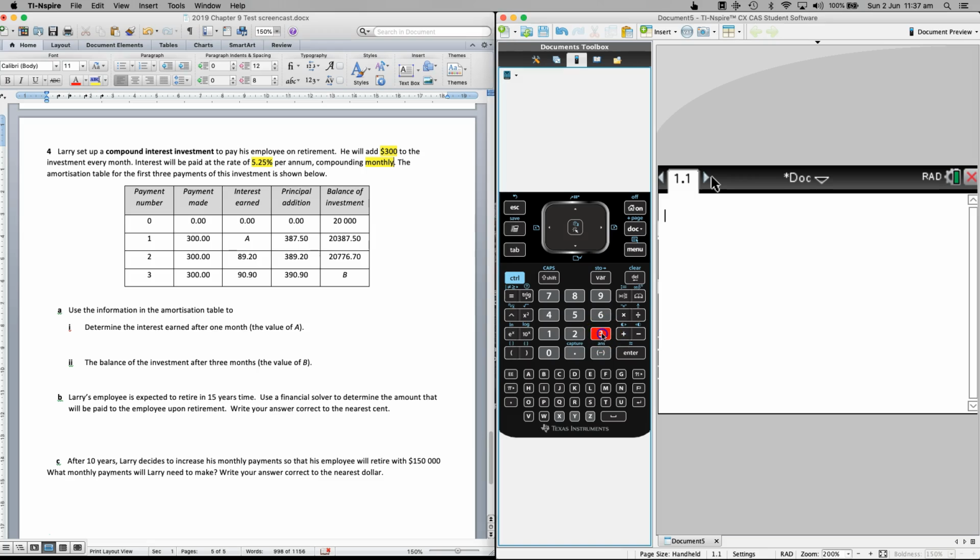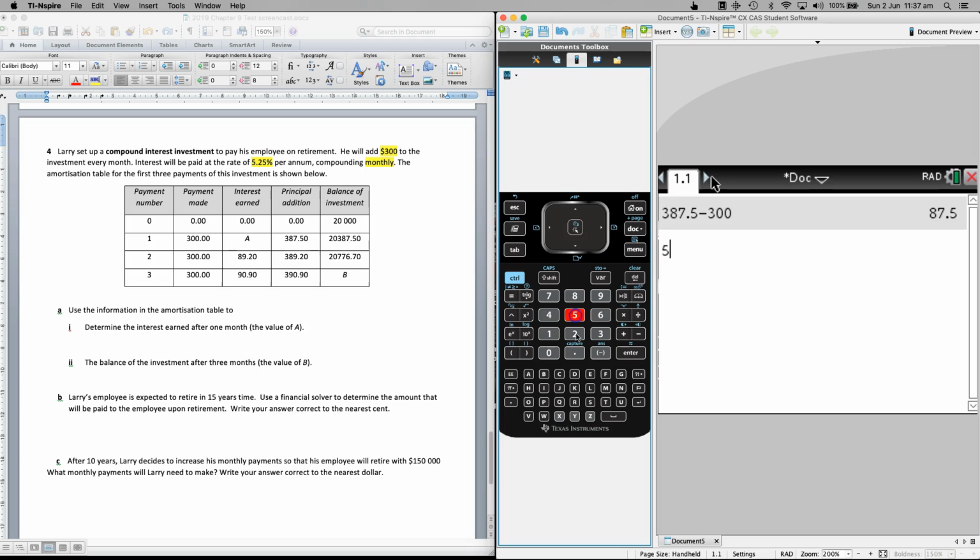So we can say 387.50 minus 300, and that will give us a value of A of $87.50. And that's a perfectly good way to work out that amount. We can double check that if we have a look at multiplying the balance by the monthly interest rate.